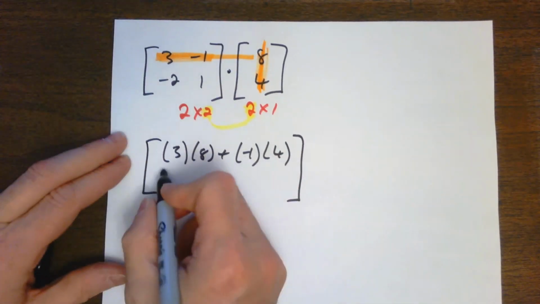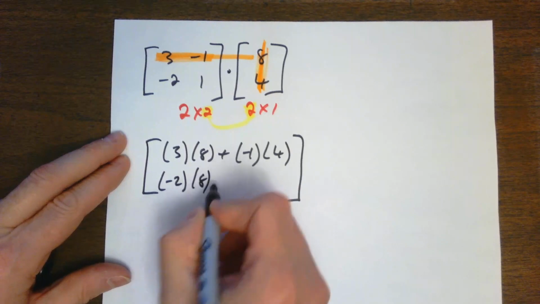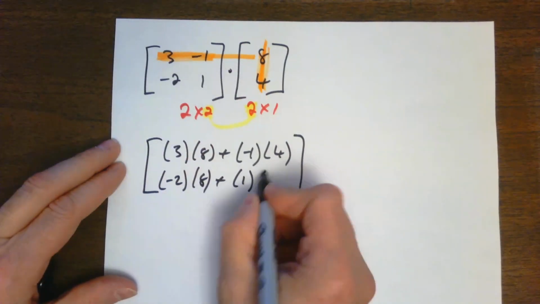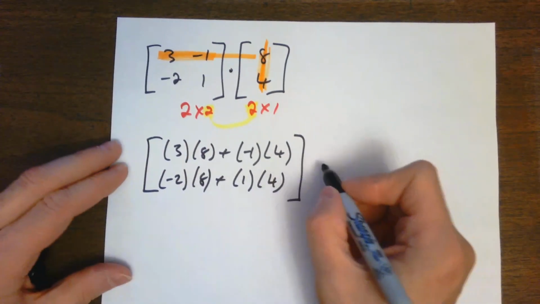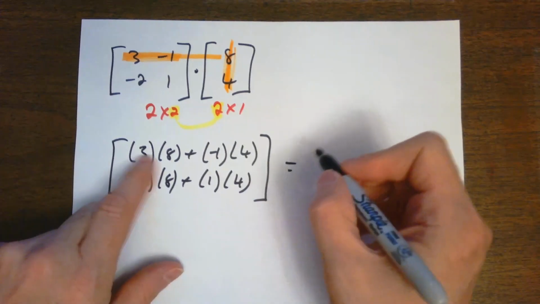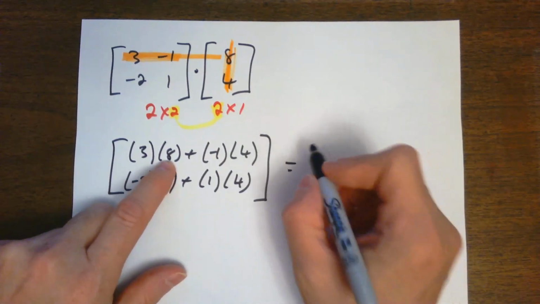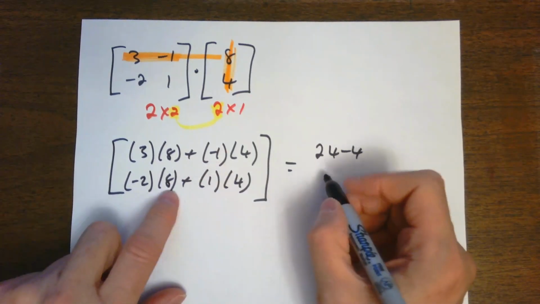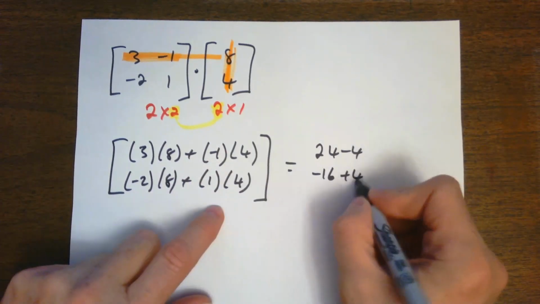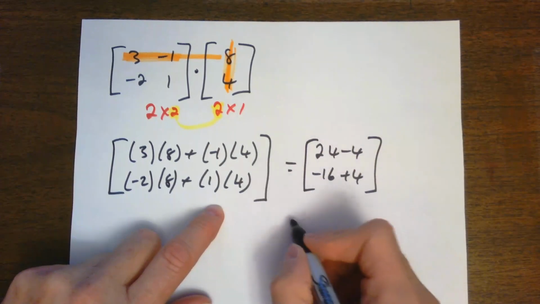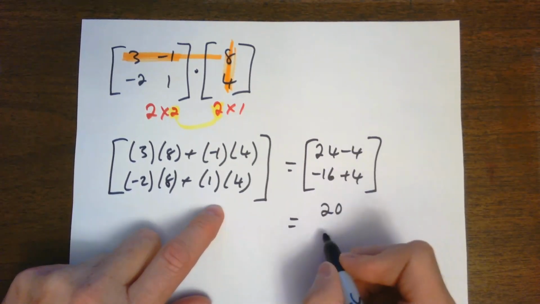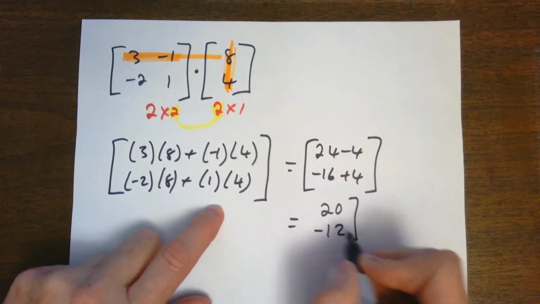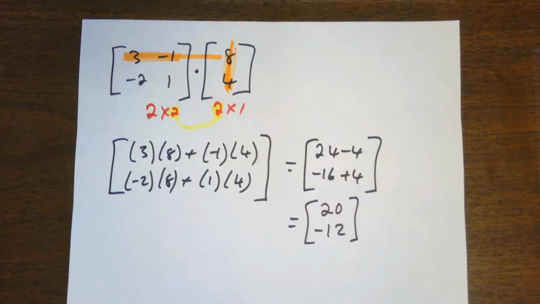Negative 2 times 8 plus 1 times 4. And I'm going to get, let's see, 3 times 8 is 24 minus 4, and negative 16 plus 4, 20, negative 12. There's my solution. That's the solution to the original equation.